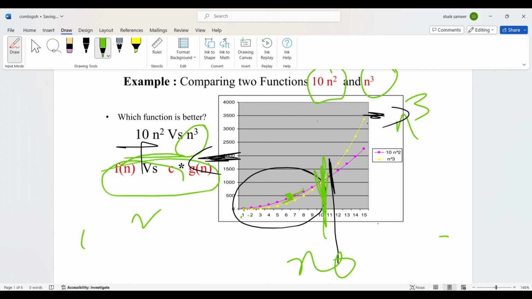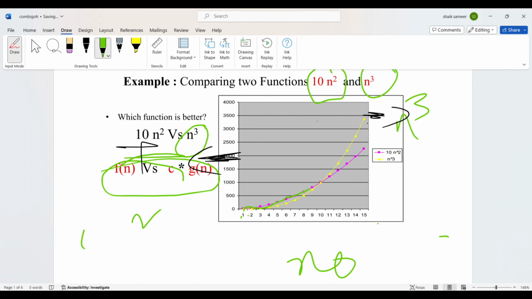Here only one condition can happen, because from the starting onwards, 10n square stays on top of n cube.